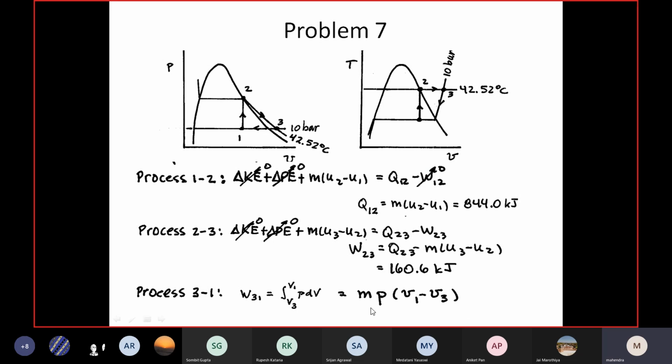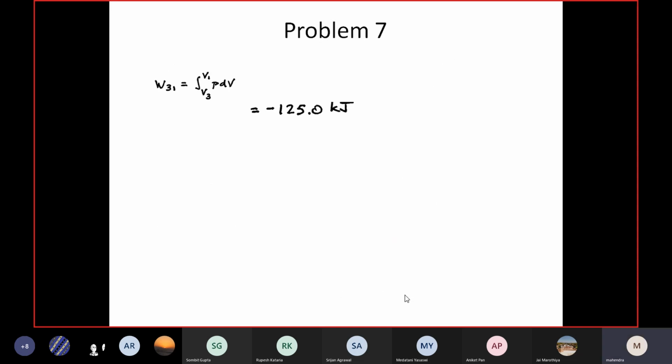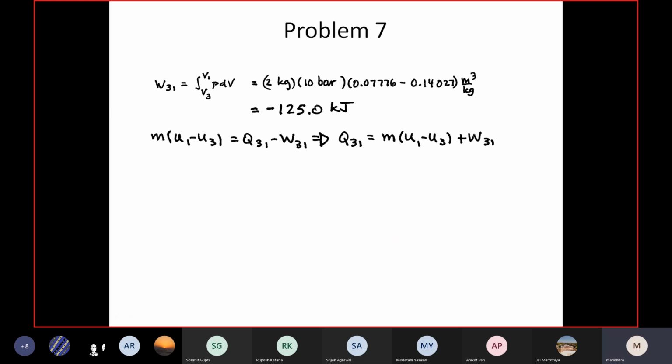That's why pressure is constant, volume is changing. That we have calculated. This is the work. And then this is the internal energy part this side, and this is heat transfer, and this is the work done.